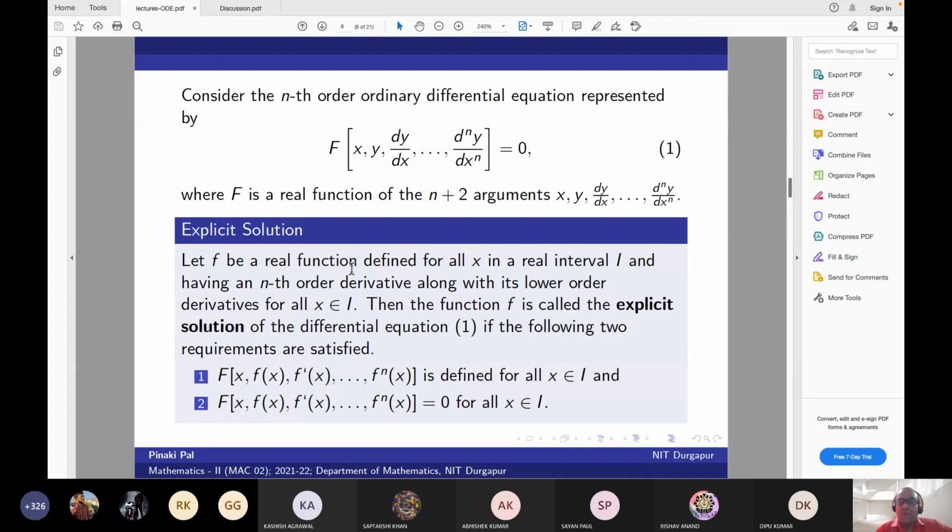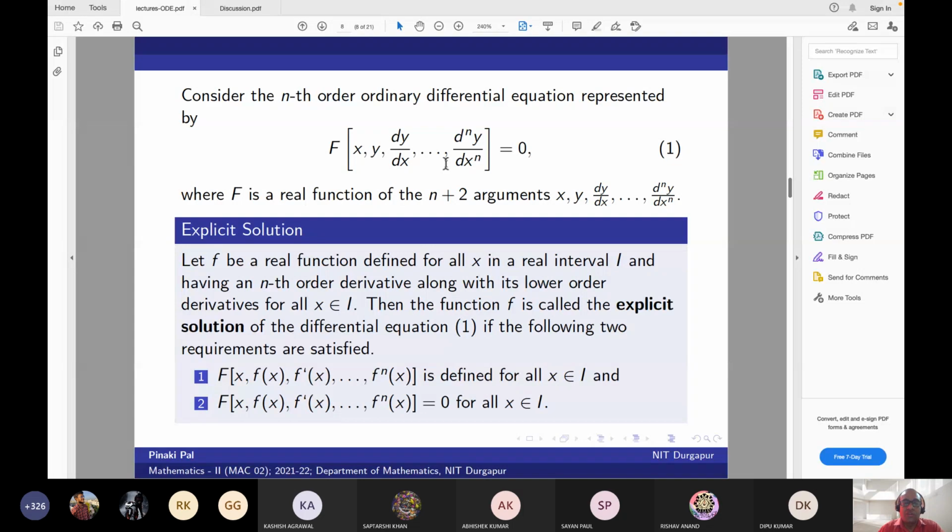Well, so explicit solution means, this is the general form of the differential equation we will consider in the discussion. It may involve x, y, the independent variable and derivatives of different orders. Depending on the highest order derivative, the order of the differential equation will be defined.